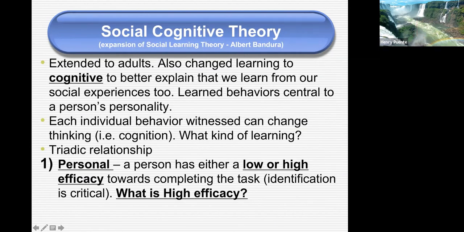All right, so as the last part of the video suggested, Bandura's theory evolves. It evolved to something called social cognitive theory. So bear in mind, those of you who are going to write your papers and use social learning theory, remember, social learning theory only applies to kids.